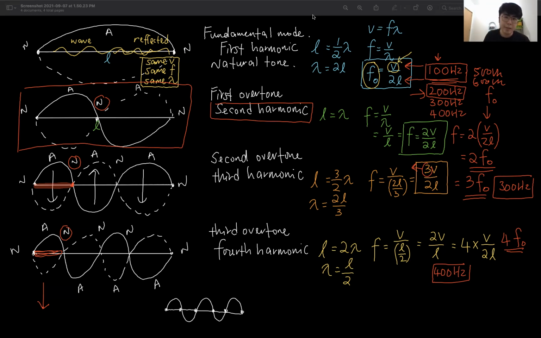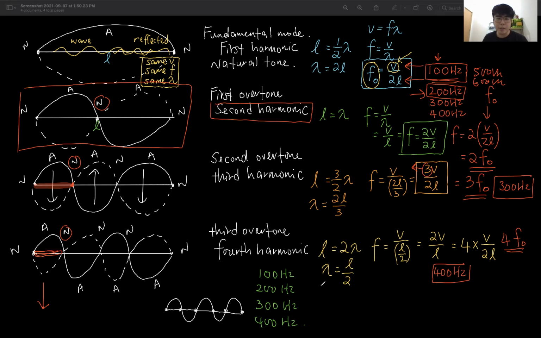Understand? So this one I can hear 100 hertz, I hear 200 hertz. These are all the harmonics, right? What if I want to hear 120? Can I create 120 based on this one?